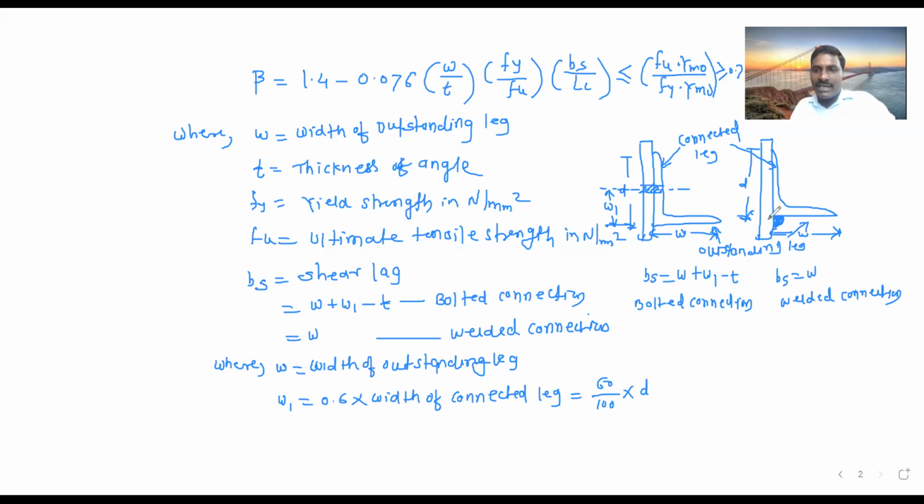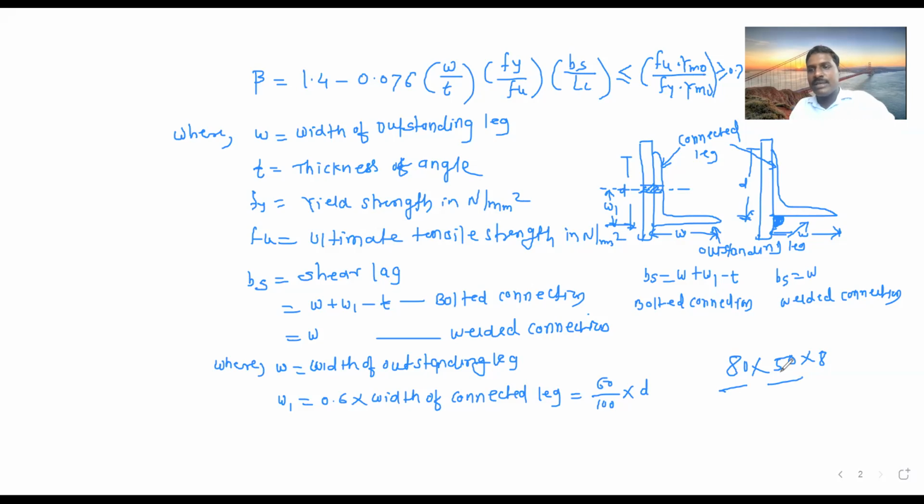Sometimes we can connect the short leg also, out of 80 into 80 by 50 by 8. So we do not always connect the 80 side. Sometimes we connect the 50 side also. So 50 may be the depth and 80 the width in that case. Sometimes 80 is the depth and 50 is the width.